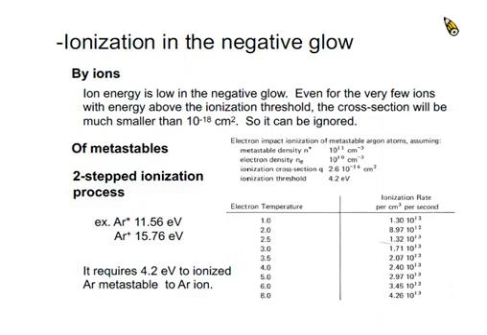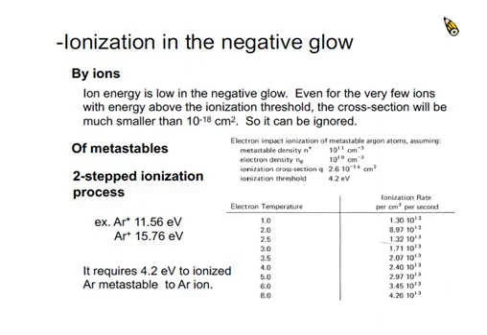Okay, and the second part is also important. This is the two-step ionization process. In the plasma, there are different species: electrons, ions, neutral particles, and photons.